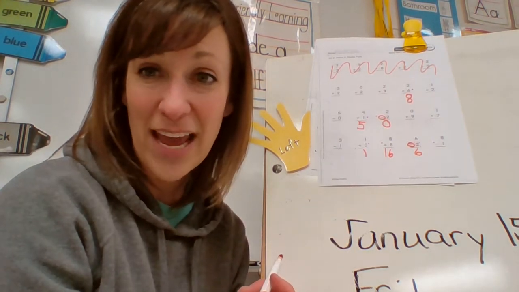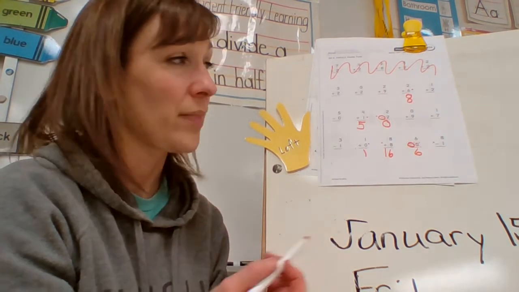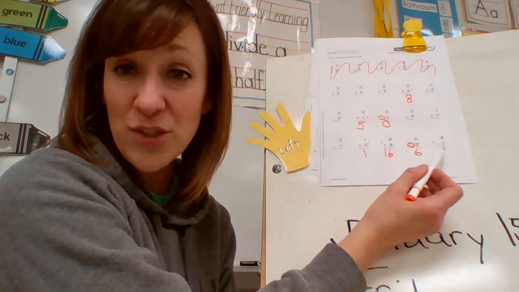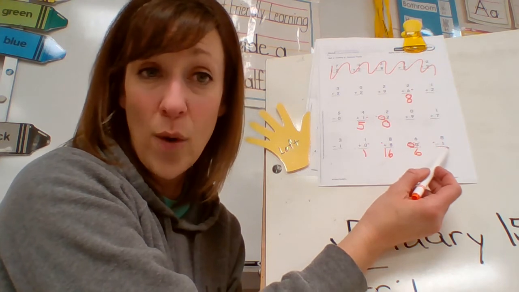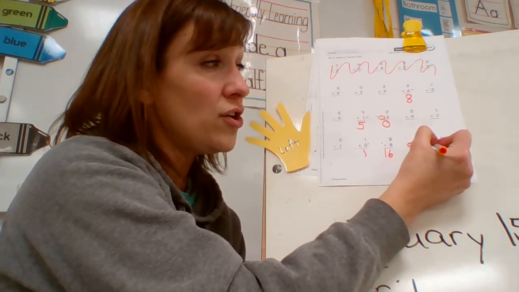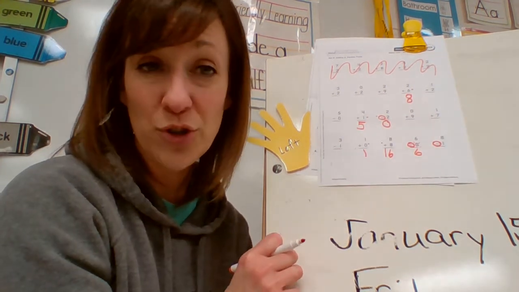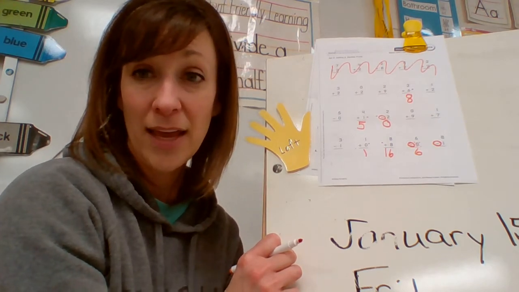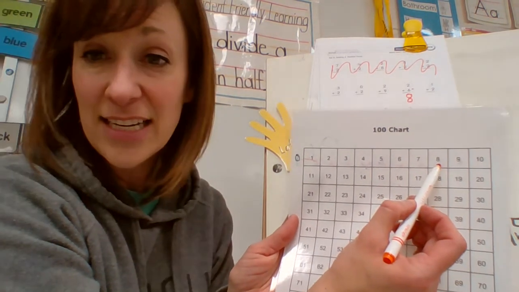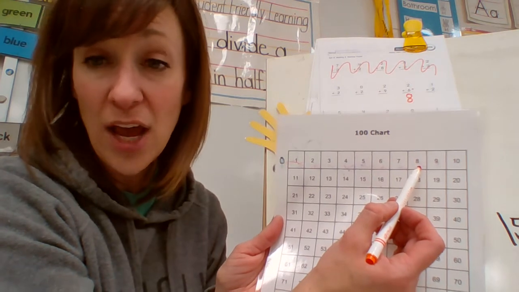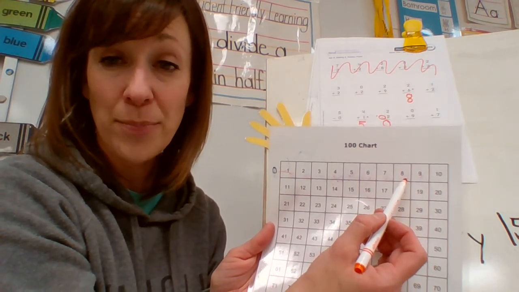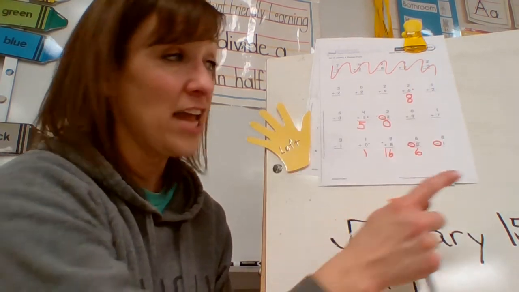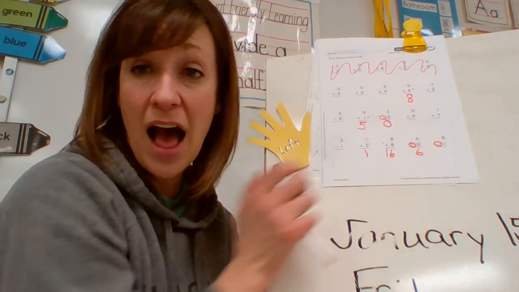It's the same answer as you started with. And the last one, this one you're going to do by yourself. 8 take away 1. Circle the take away, that subtraction sign. And 8 take away 1 equals, hop your one spot, and you write your answer on the line.